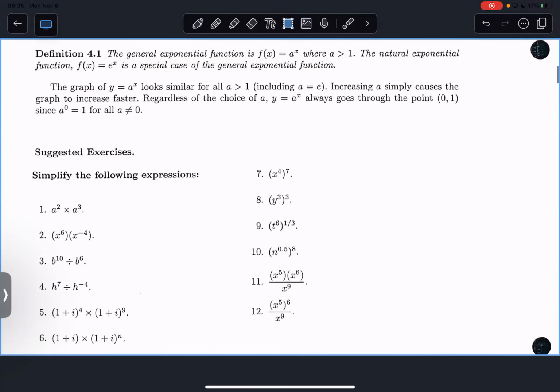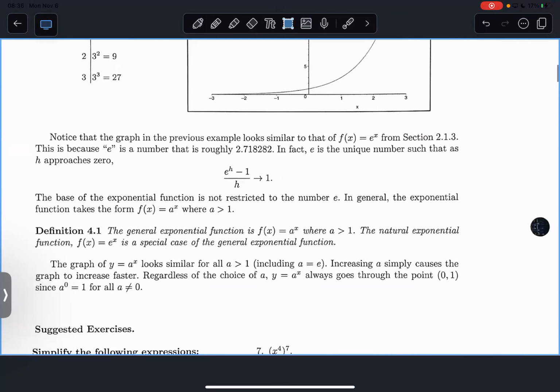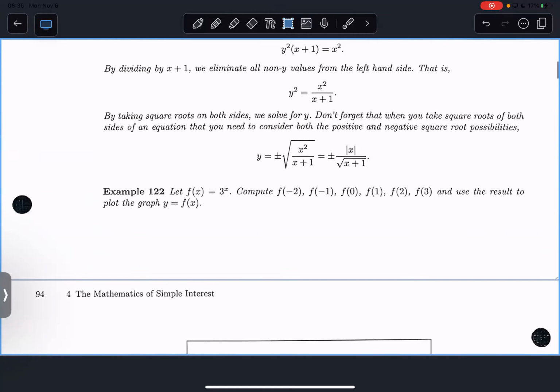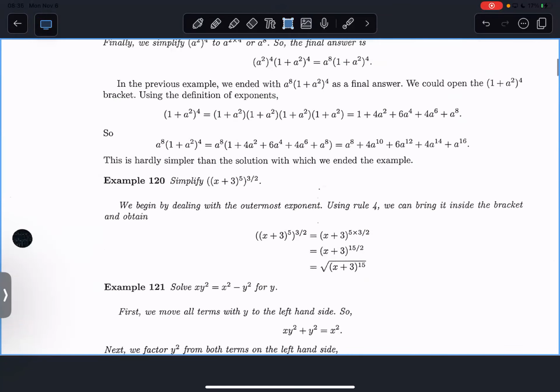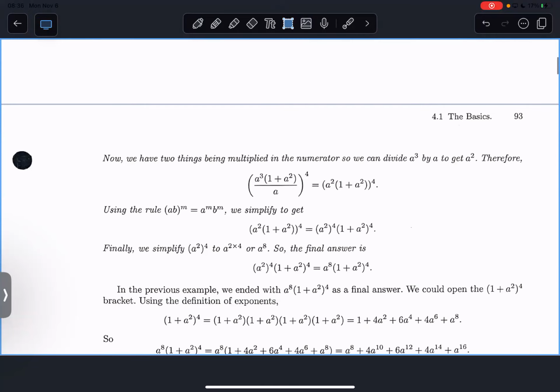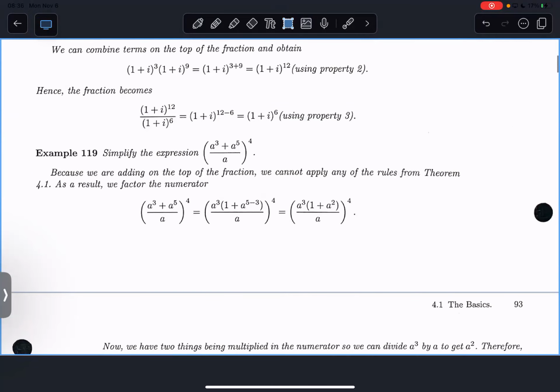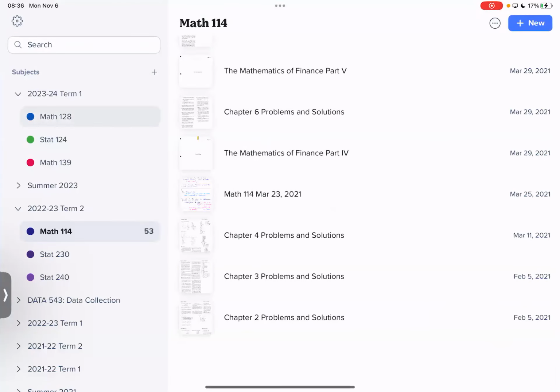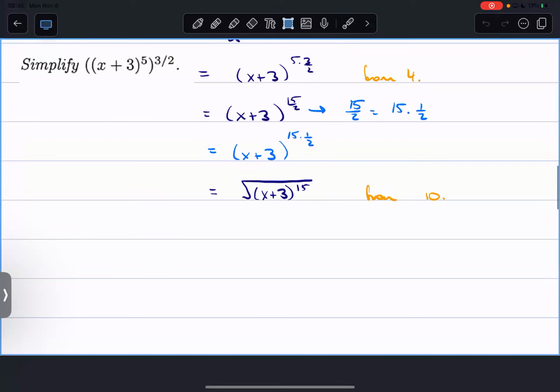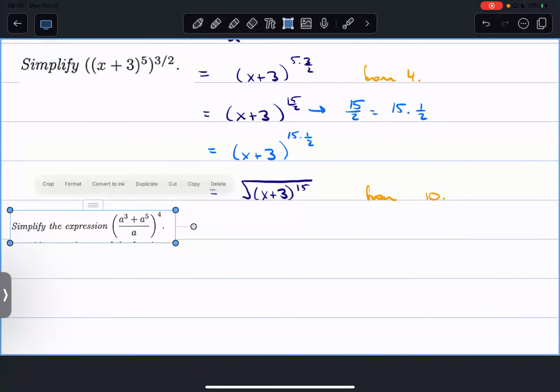And these are too easy. I think we've got it. Okay. Should we do this one? I know you probably didn't even get a chance to see.